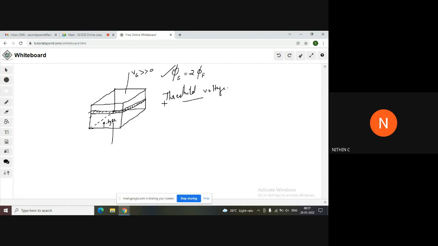Normally Vg is a positive value. So at which value of Vg does strong inversion start? That Vg value we call the threshold voltage. Note that sentence: the gate voltage at which strong inversion starts in a MOS cap is called the threshold voltage.